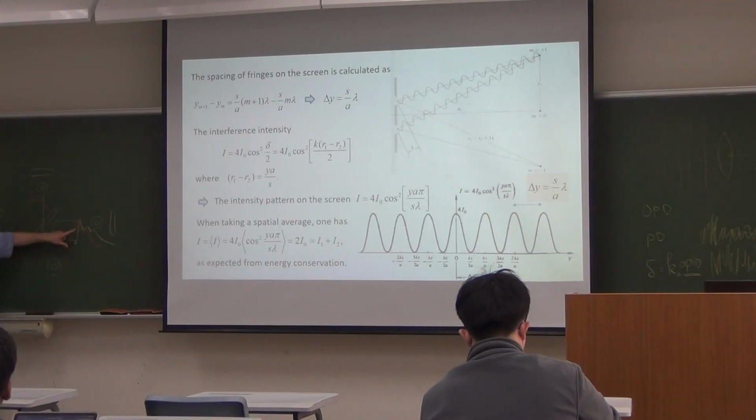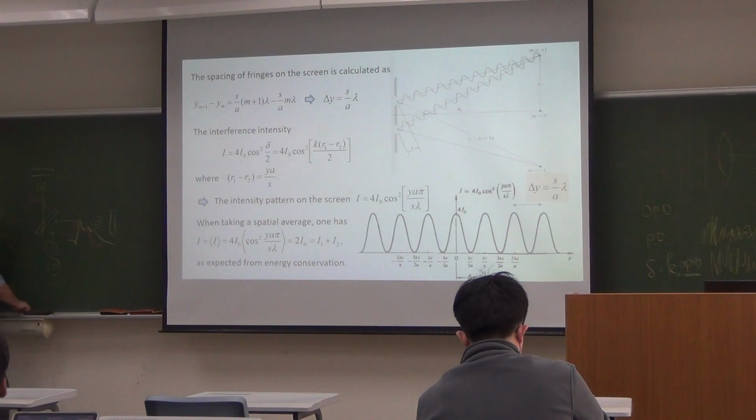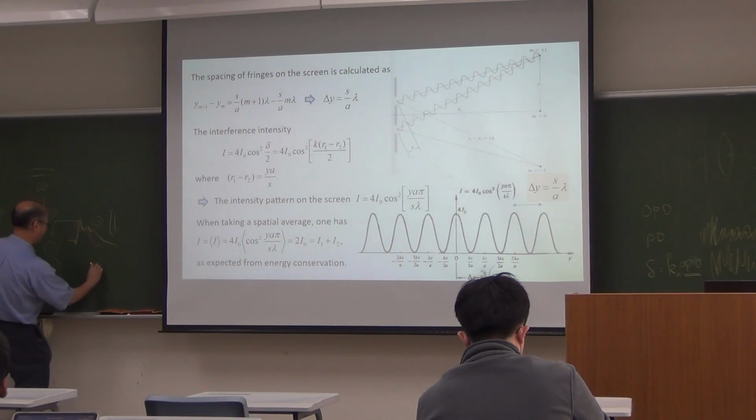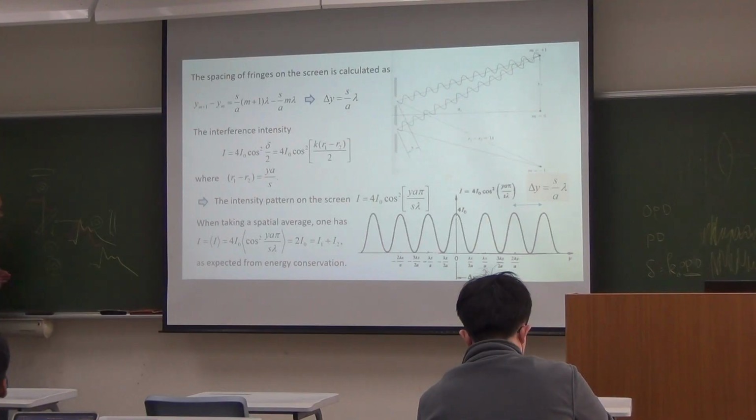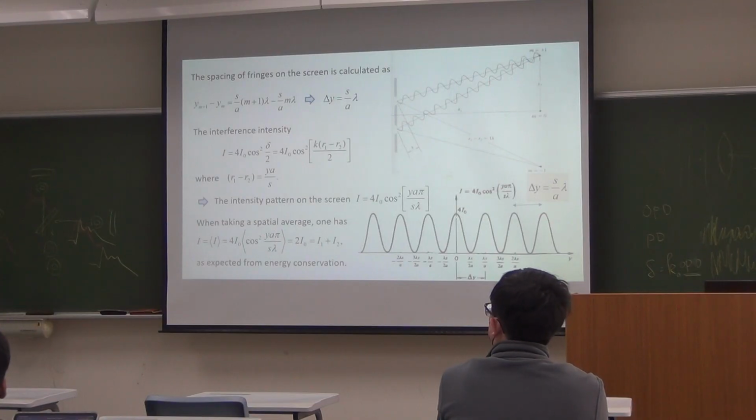For example, this part overlaps with this one, so you don't quite get the maximum interference, right? What is worse is that if you increase the delay, if this is delayed away from this pattern, you don't generate interference fringes anymore.